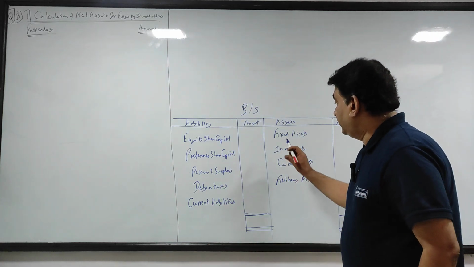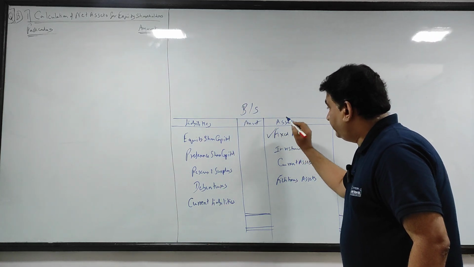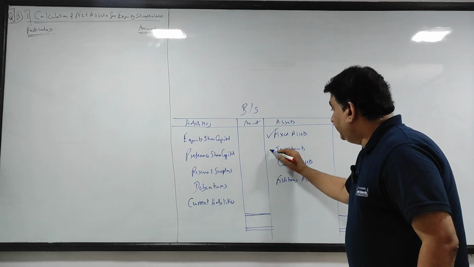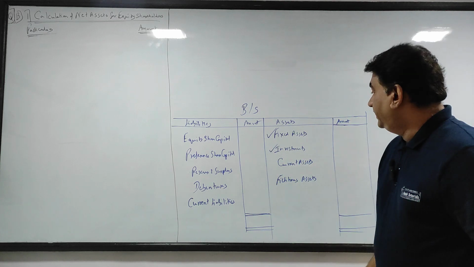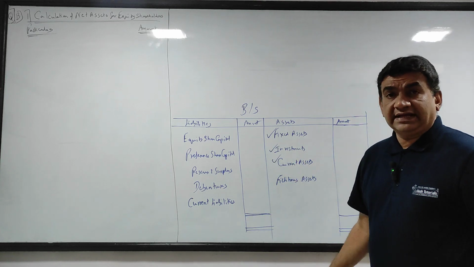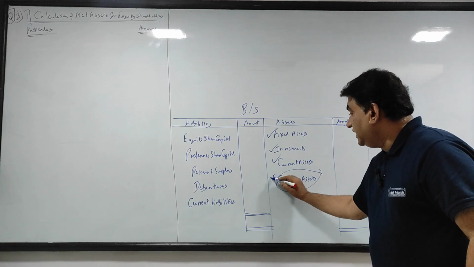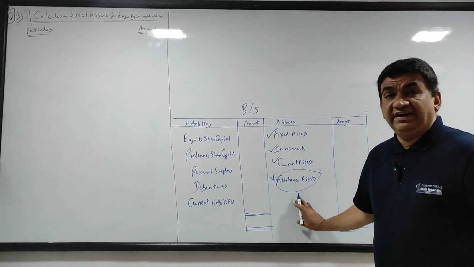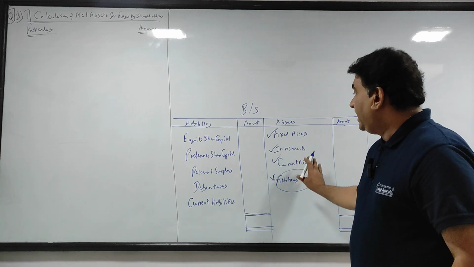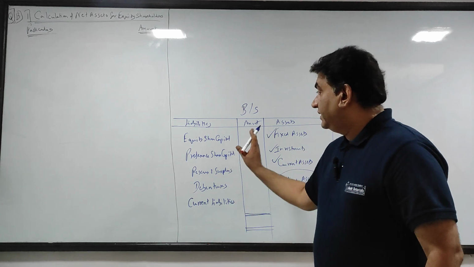First asset side में, we took fixed assets, we took investments, trade या non-trade, we took current assets. Fictitious हमने नहीं लिया. I am circling and putting across जो नहीं लिया. Fictitious नहीं लिया. Okay? Asset side पे ये.